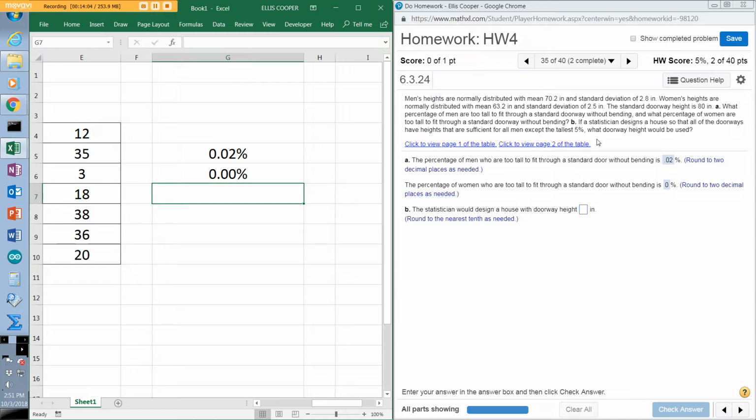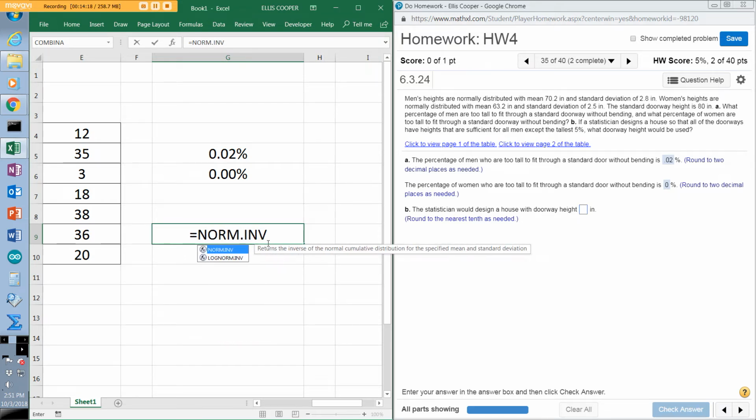There's another Excel function that goes from probabilities to scores. And that's called NORM.INV. So I'm going to go like this, equal NORM.INV. But you see, NORM.INV, just like NORM.DIST, always works to the left. That is to say, it's going to tell me the score for a left tail cumulative probability.